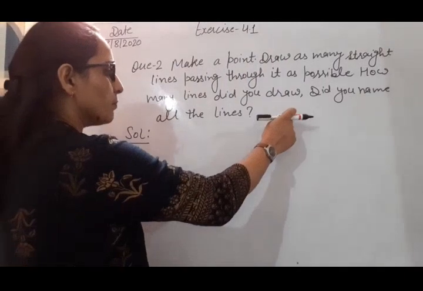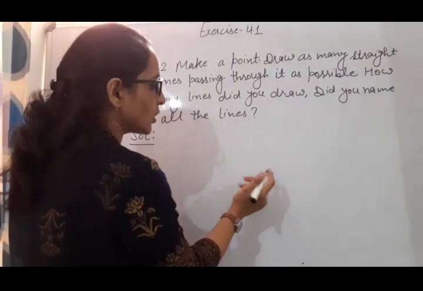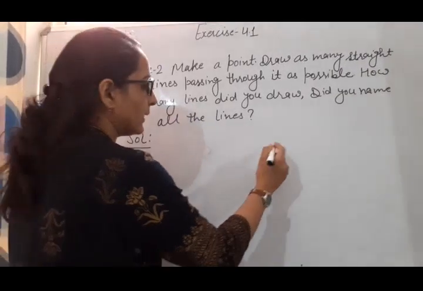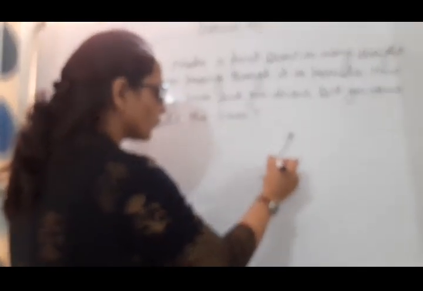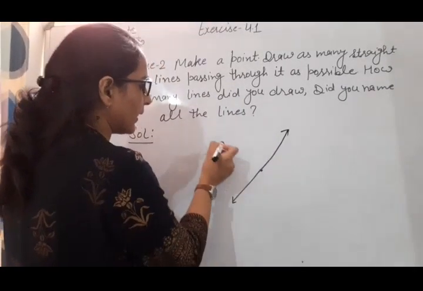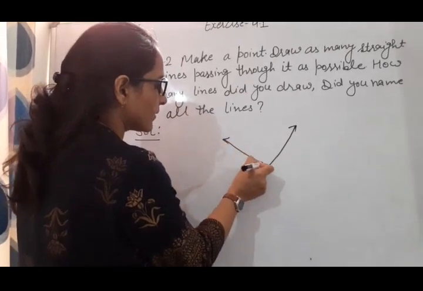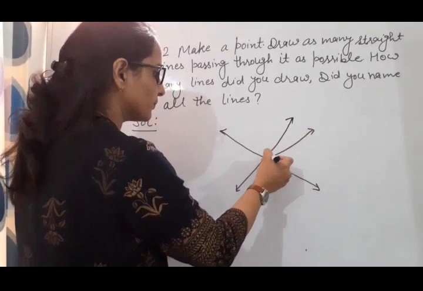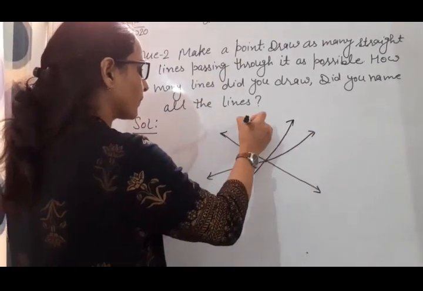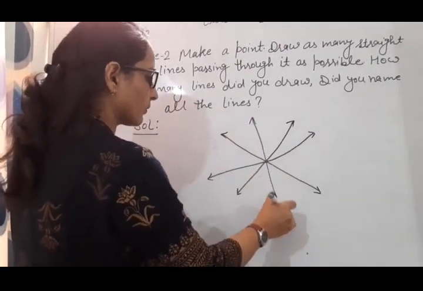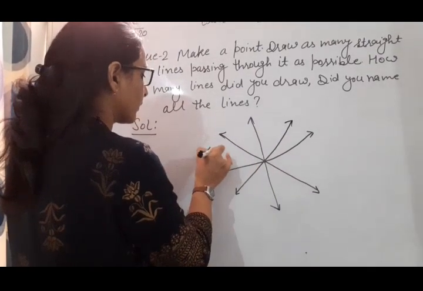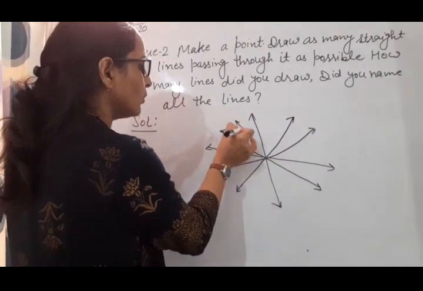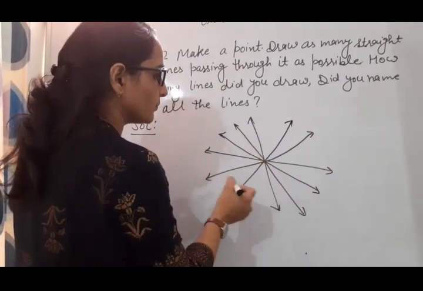We draw many straight lines which are passing through this point. Clear? Like this, we draw many straight lines which are passing through this point. All the lines are passing through this point.